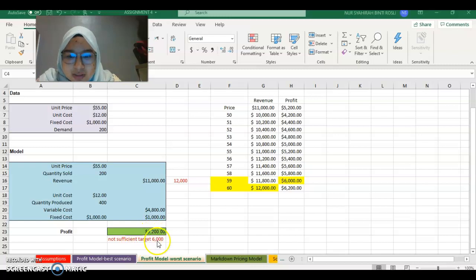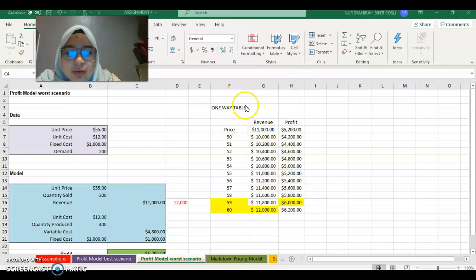It is not sufficient because we targeted 6,000, and the revenue is also not sufficient because we targeted 12,000. Then we do the one-way table and we choose the perfect one.